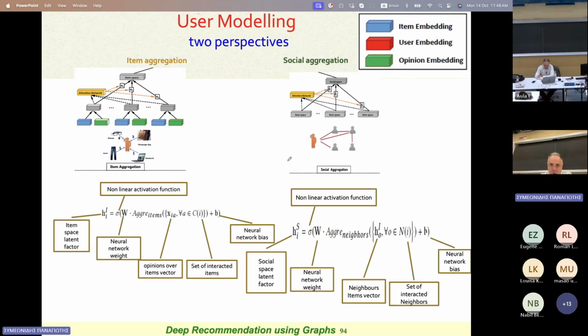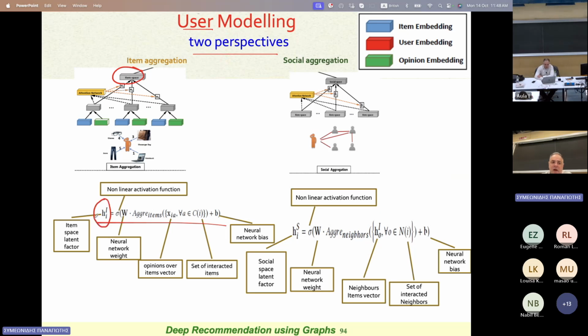Here, they want to model the users, but also they want to model the items. So for modeling the users, they use two perspectives. The first comes from the item space. So we have this equation here.